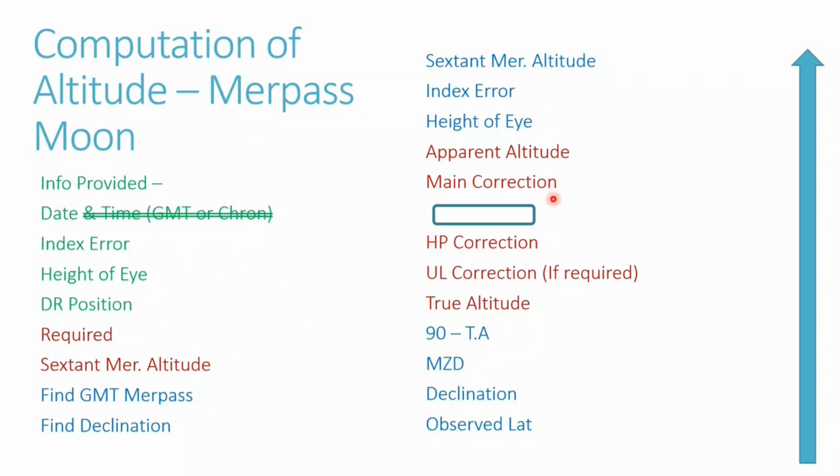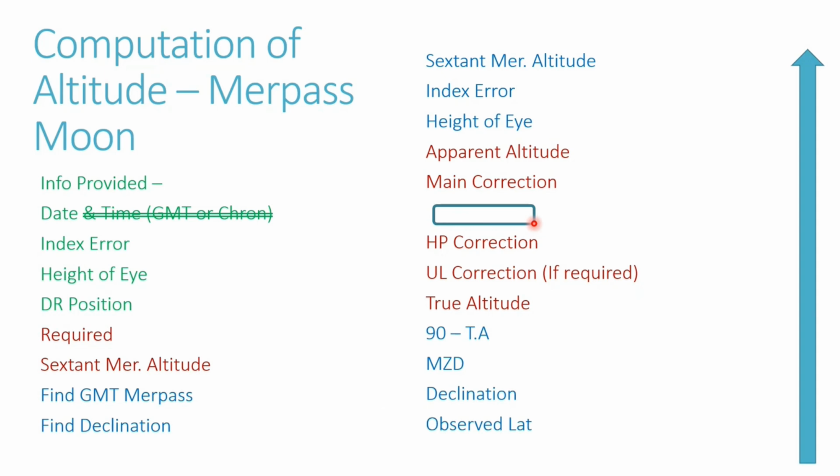So what do we do here? Now pay a little attention. People sometimes find this step difficult to understand. In a minute, we will understand how we obtain the main correction. We have an uncorrected altitude available to us. We enter into the main correction table with this uncorrected altitude.